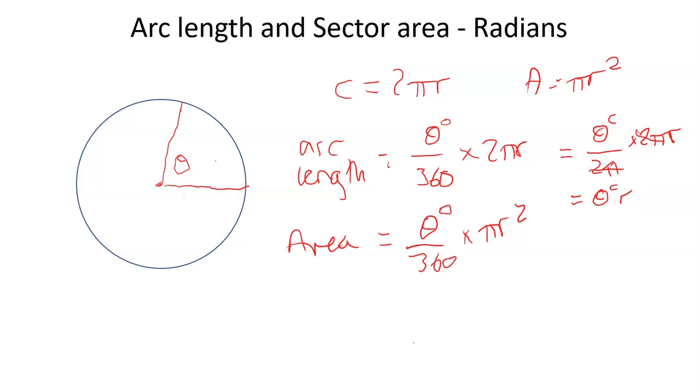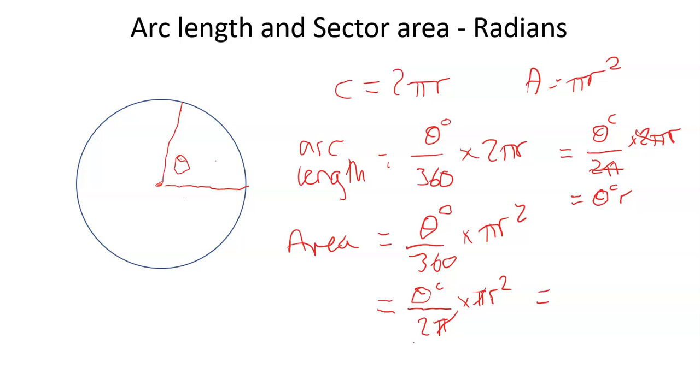The area is very similar, not quite as nice as a formula, but it's still the angle we want in radians, divided by a full circle in radians, times pi r squared. Well, in this case, the pi's are going to cancel, but that's it.